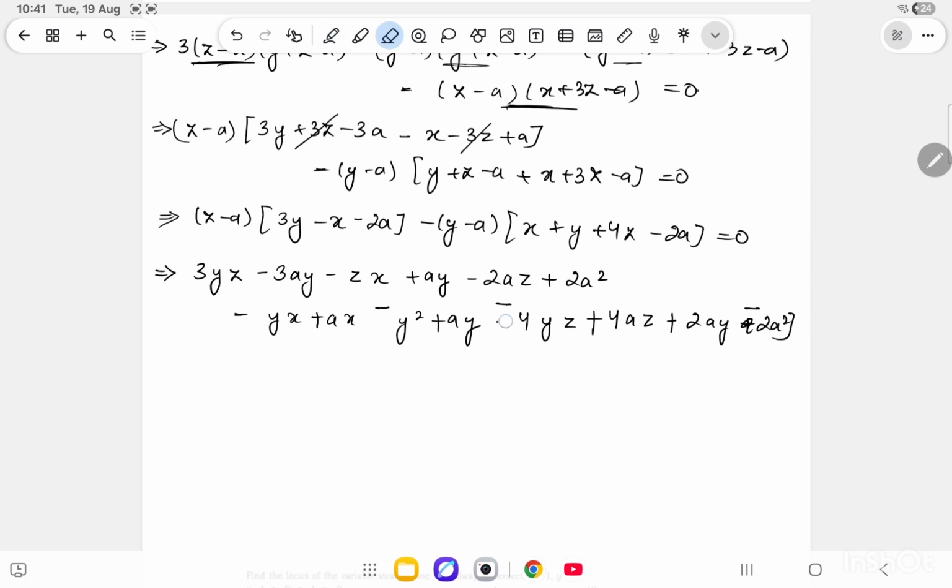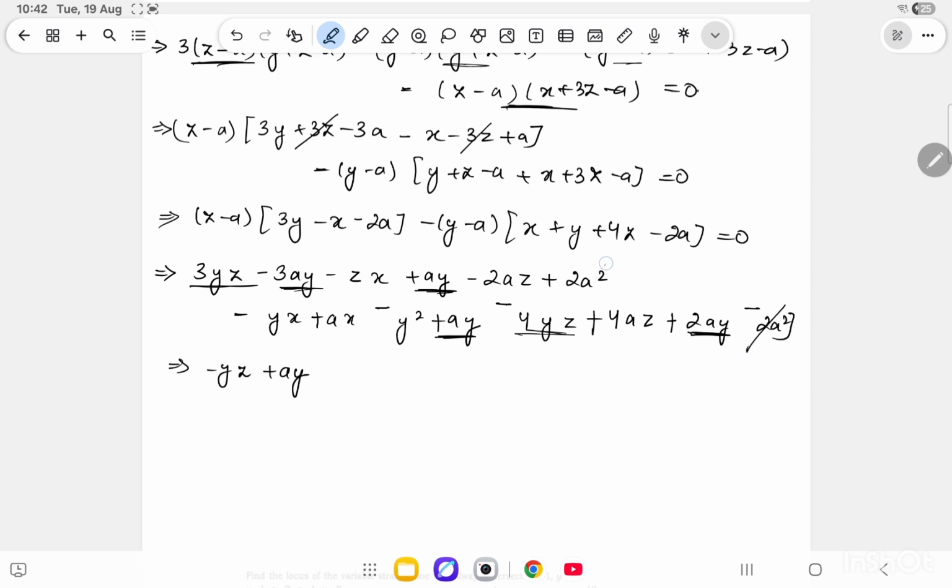So let's see if something cancels out. 3 of yz minus 4 of yz, so it is minus yz, minus 3ay plus ay minus 2ay minus ay plus 2ay. So we are left with plus ay and zx.